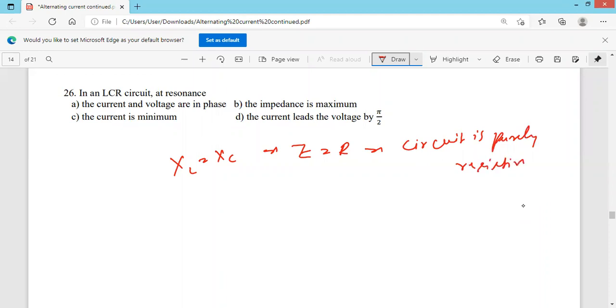So in a resistive circuit, current and voltage are in phase. Therefore, option A is the correct one: the current and voltage are in phase.